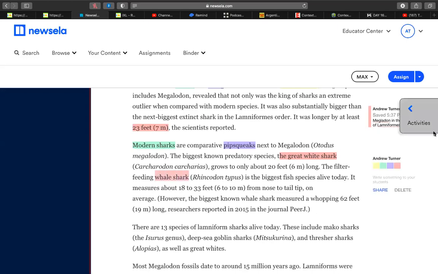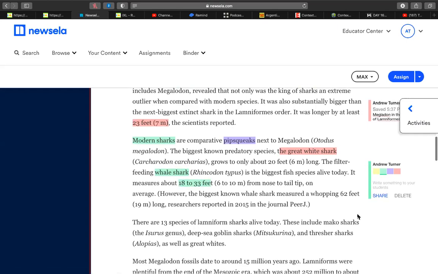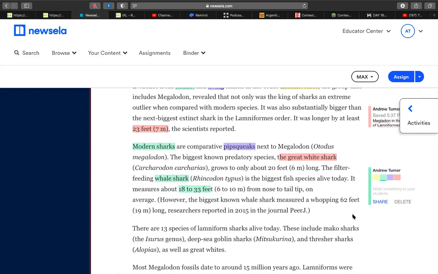It measures about 18 to 33 feet, 6 to 10 meters from nose to tail tip on average. However, the biggest known whale shark measured a whopping 62 feet, 19 meters long, researchers reported in 2015 in the journal. So we're looking at different modern sharks in comparison.